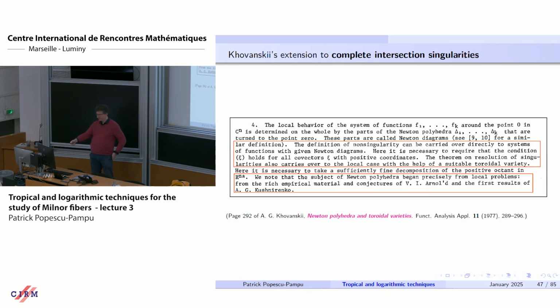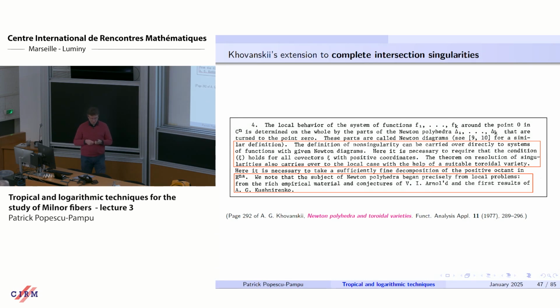So in any case, here he extended this to a collection of series F1, ..., Fk. And he stated the following: we note that the subject of Newton polyhedra began precisely from local problems, from the rich empirical material and conjectures of Arnold and the first results of Kushnirenko. So this was his understanding in the mid-70s.